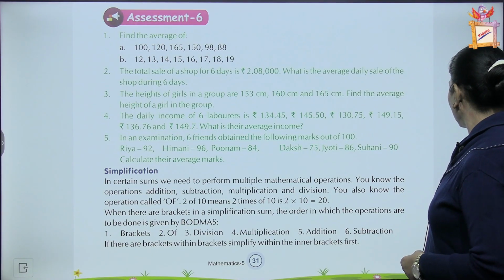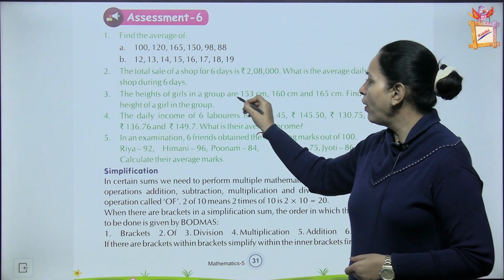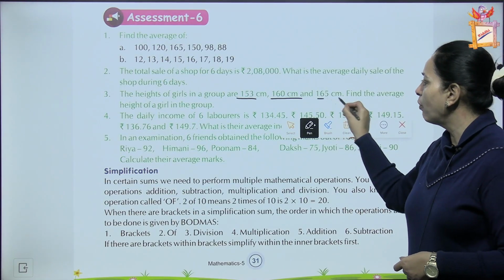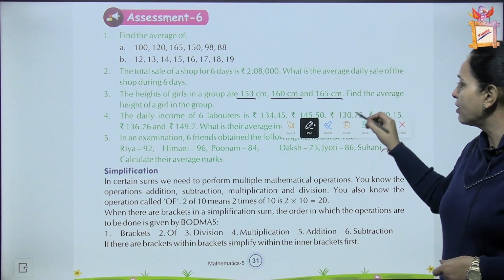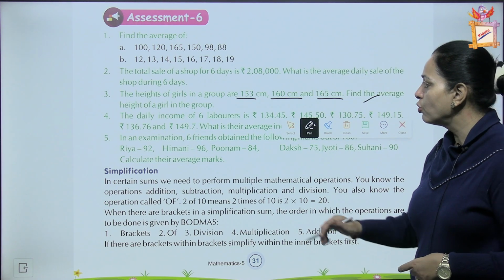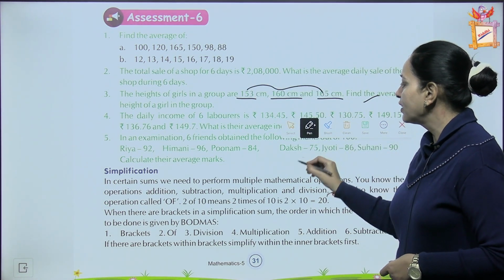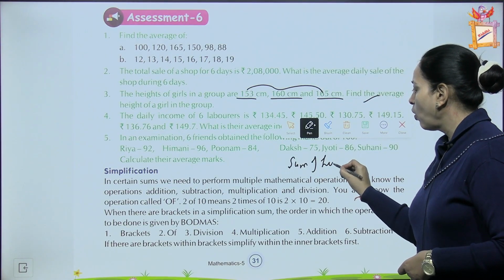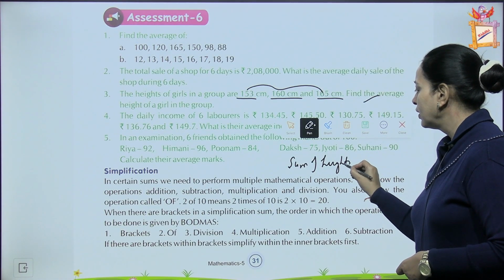Now see the third question. The heights of girls in a group are 153 centimeter, 160 centimeter and 165 centimeter. Find the average height. So what will you do? Sum of the heights. So sum of heights, add all these three numbers.